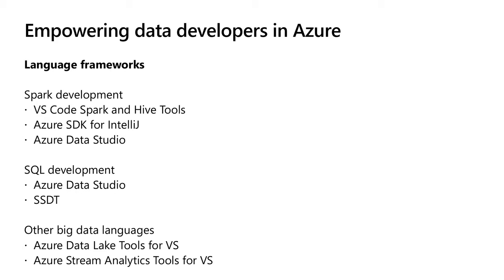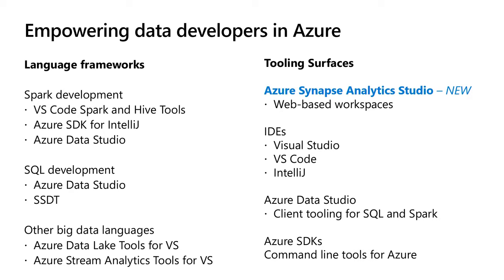So we have a set of tools and plugins for that. Traditionally, SQL has been a big surface for data development and continues to be, so we have tooling around that. And then there are other big data languages supported in Azure, like USQL and ADLA or SAQL. So you can find tools by language framework.